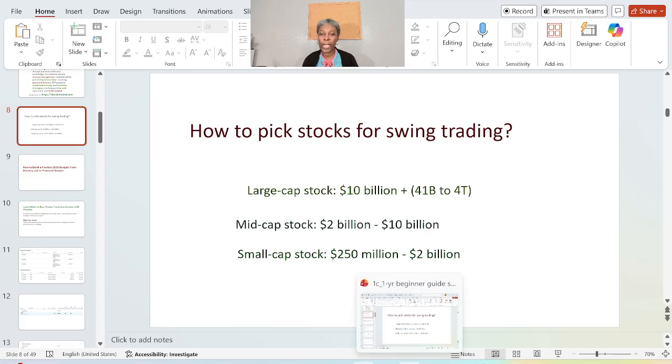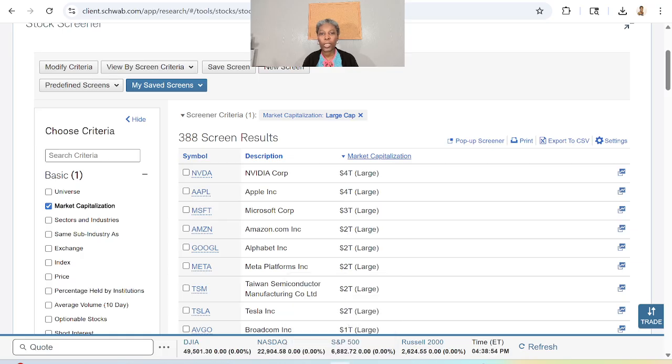So when I come across a stock, I can compare it to that range to see where it's sitting. So that is one way to pull those market capitalization stocks available on the market out as well.